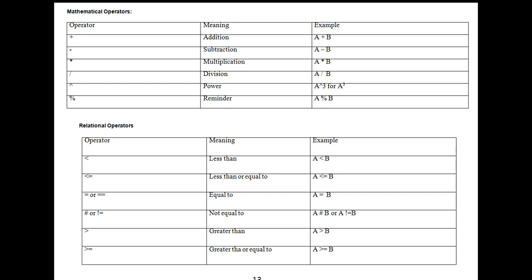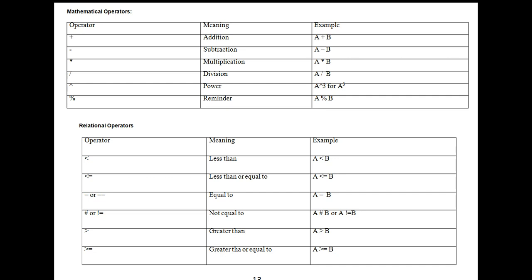And we have the minus symbol, which means subtraction: a minus b means subtract b from a. If you have the operator star, that is multiplication, and the example is a star b. And we also have slash for division, a by b.